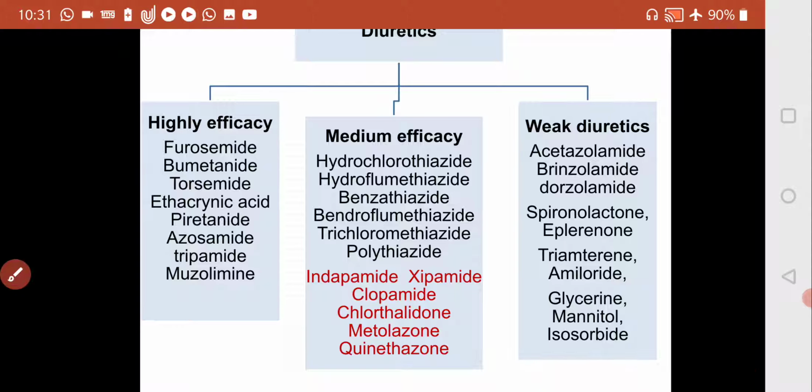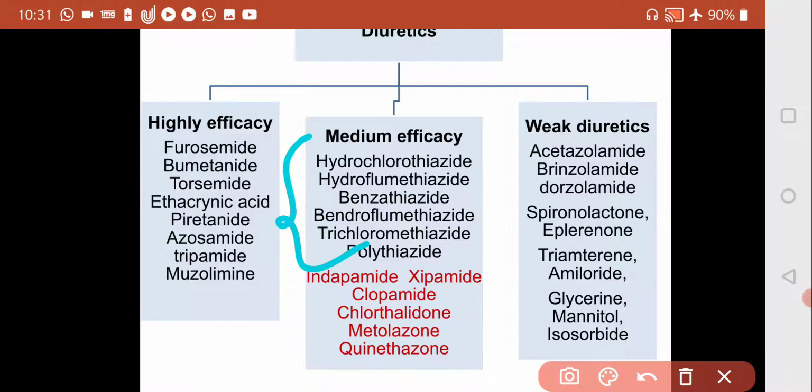Then the medium efficacy diuretics are thiazide and thiazide-like diuretics. Here, the ones written in black are thiazide diuretics, and thiazide-like means the structure is like the thiazide. They are hydrochlorothiazide, hydroflumethiazide, benzthiazide, bendroflumethiazide, trichlormethiazide and polythiazide.